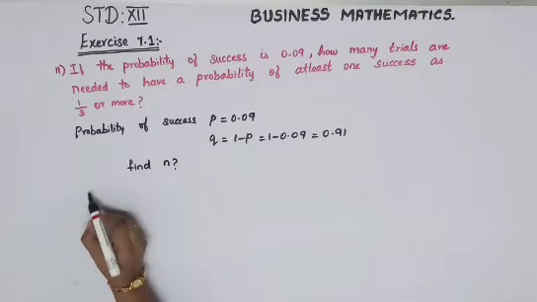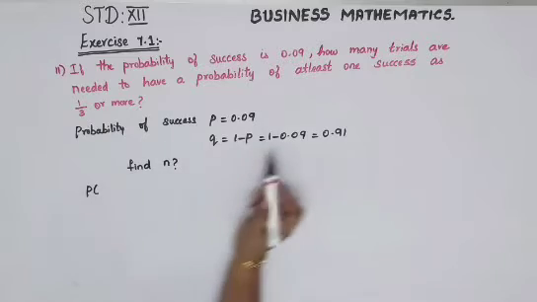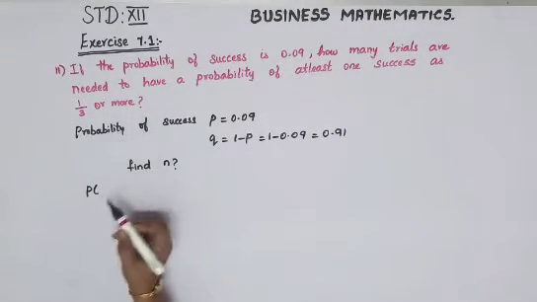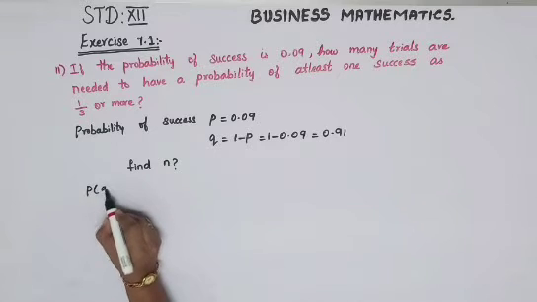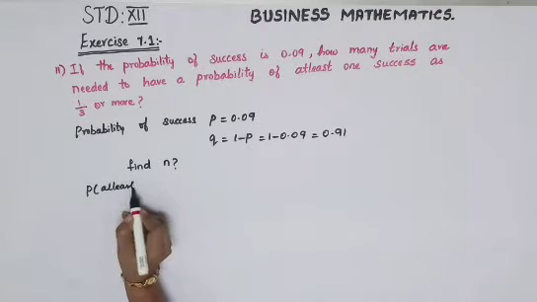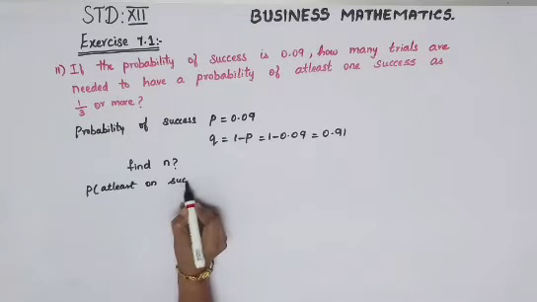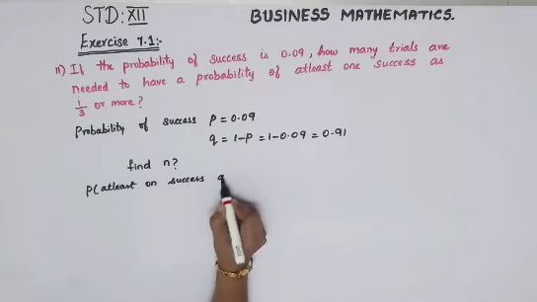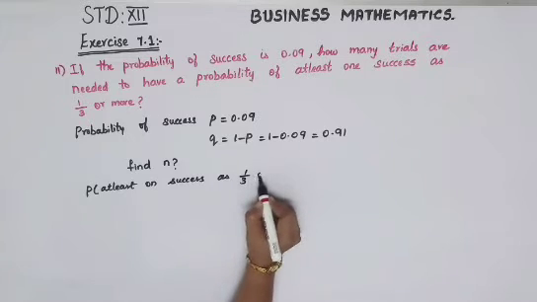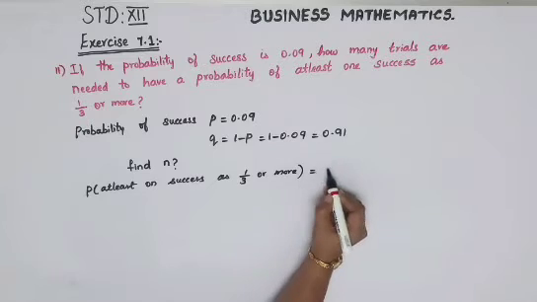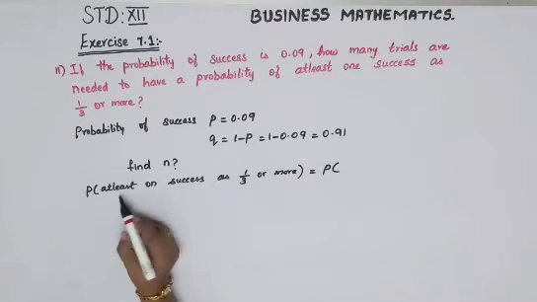Okay, so they have given you at least one success as 1 by 3 or more. So the probability of at least one success as 1 by 3 or more is equal to P of at least one only.